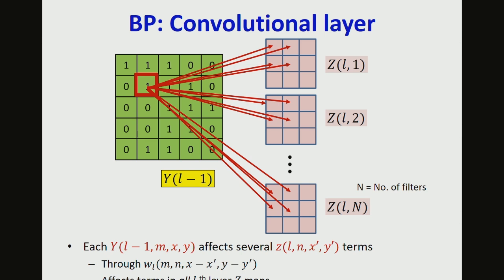Now look at the relationship between these two. The index of the weight is going to be the index of this one minus the index of this one. So XY contributes to 0, 0 through weight XY.